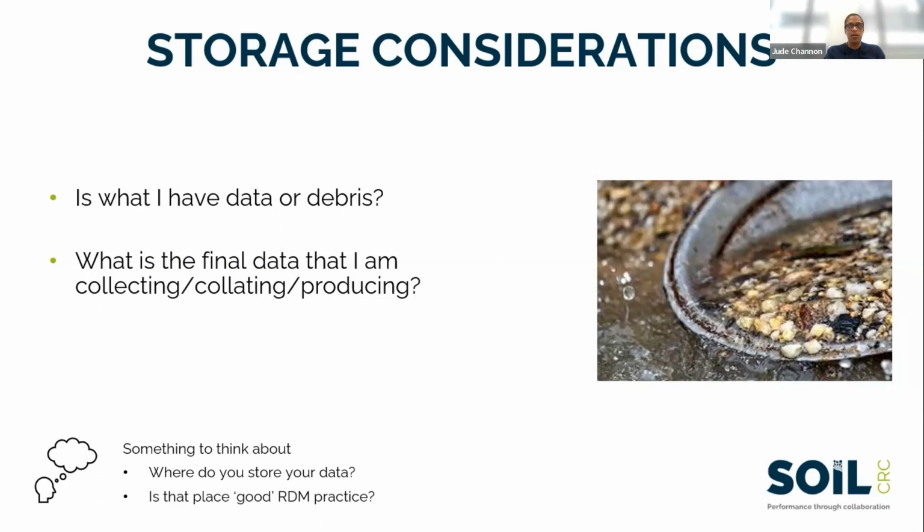The only reason I speak about this is because across Australia, there's a statistic that universities have about 300 petabytes of data stored across them. If you think about a petabyte as being those big filing cabinets you used to have, about 20 of those would probably be a petabyte of data.